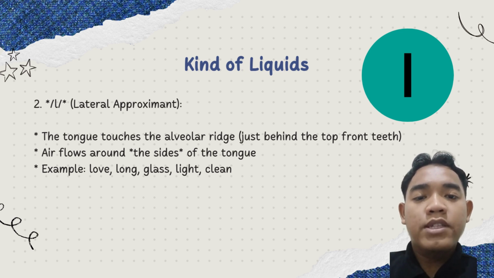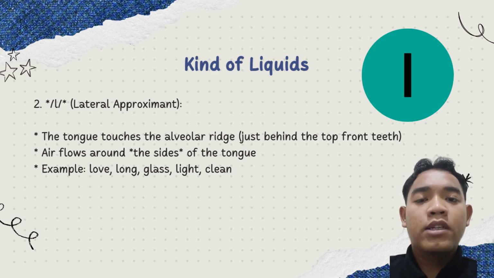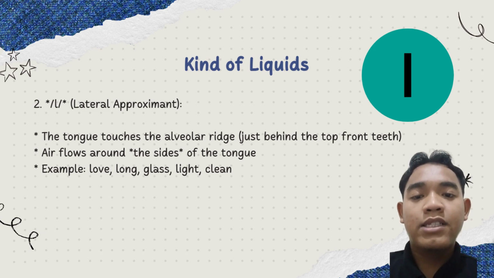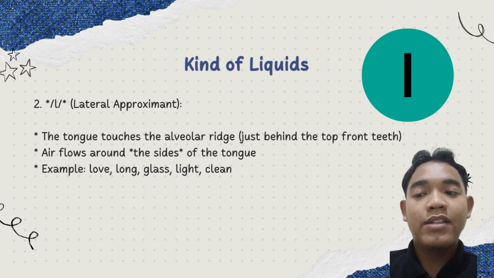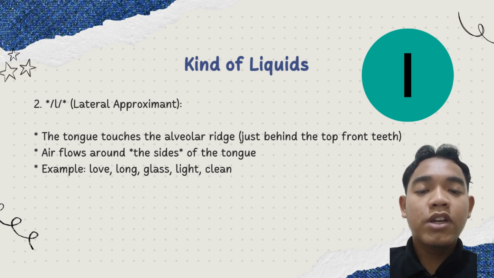Lift the sides of the tongue slightly, open for air to flow from the sides, and the sound comes out softly, not stuck, such as D. For example, L, L. In the words: love, long, less, like, and clean.